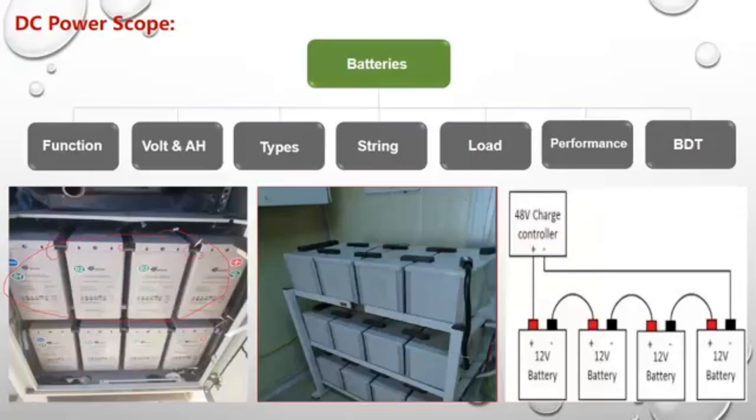So 12 times 4, as you can see, is 48. Then they're connected to the rectifier, and all of these together give 48 volt DC. Altogether, this is called one string of batteries.